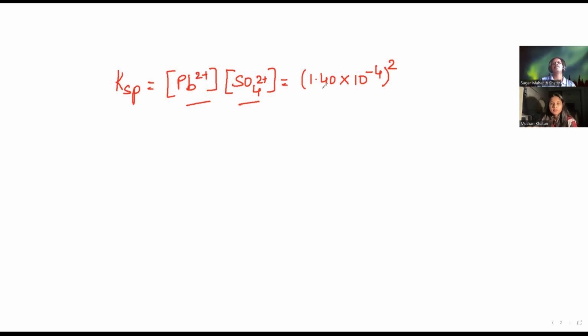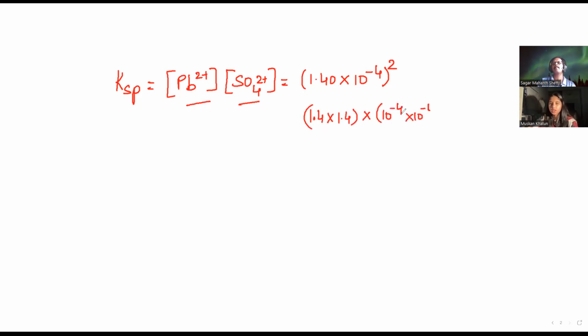Now, 1.40 is nothing but 1.4, because the last number being 0 doesn't hold any value after the decimal. So 1.40 raised to the power 2 will be 1.4 squared, times 10 to the power minus 4 also raised to the power of 2.